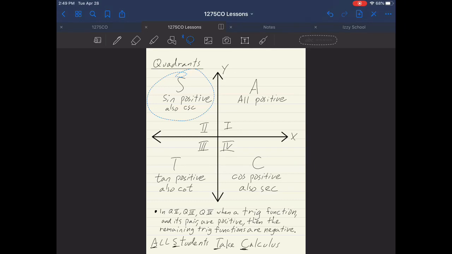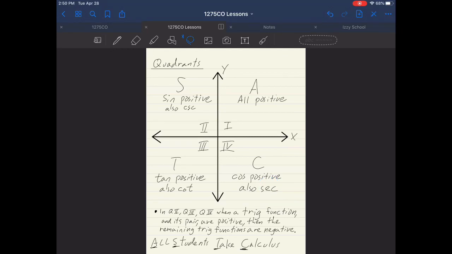Quadrant 3 is going to follow the same suit, with tangent being positive and then cosine and sine being negative. And also its counterpart, cotangent, is positive. Quadrant 4 is the C quadrant, and that means that cosine is positive. Everything else is negative except for secant, which is the pair of the reciprocal of cosine.